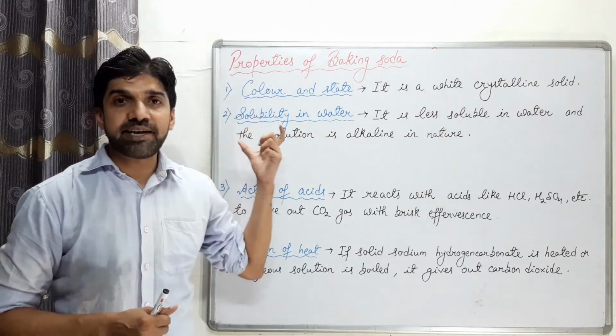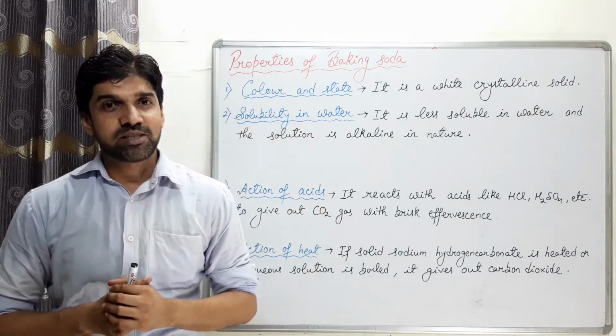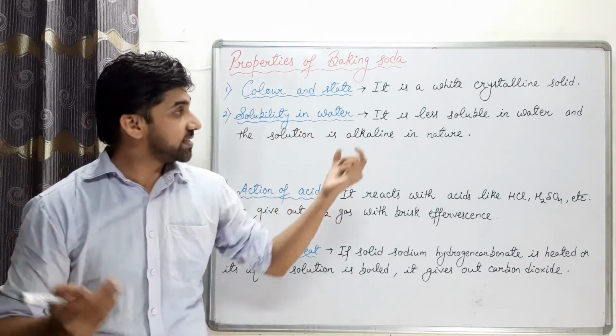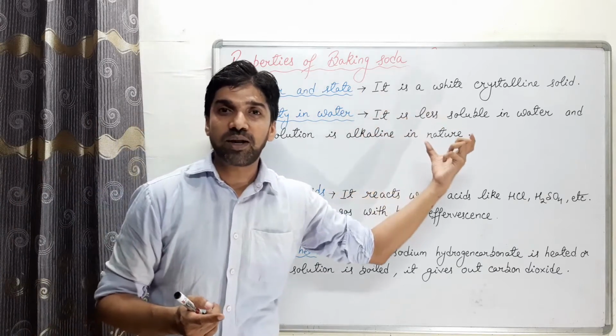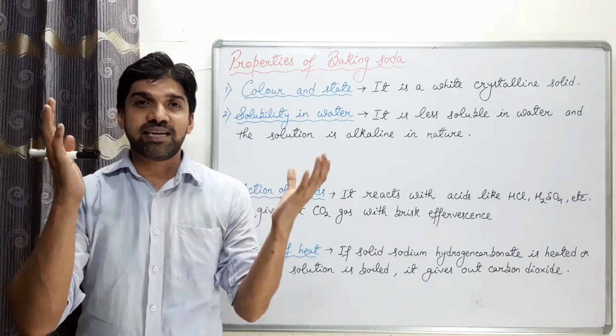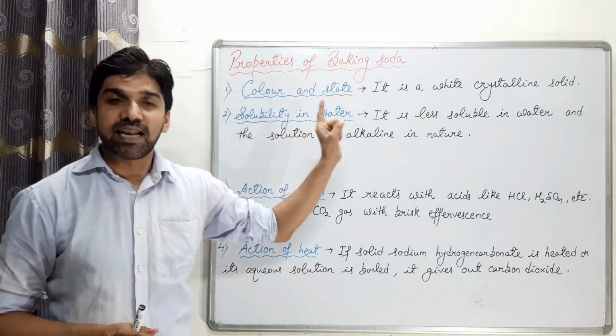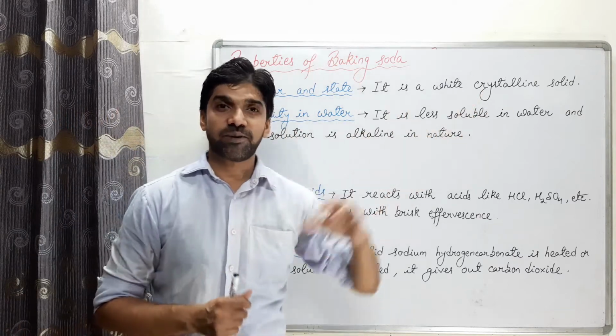Second, solubility in water. It is sparingly soluble in water. What does sparingly mean? Less. It is less soluble in water. What about washing soda? It is easily soluble in water. But baking soda is less soluble in water.